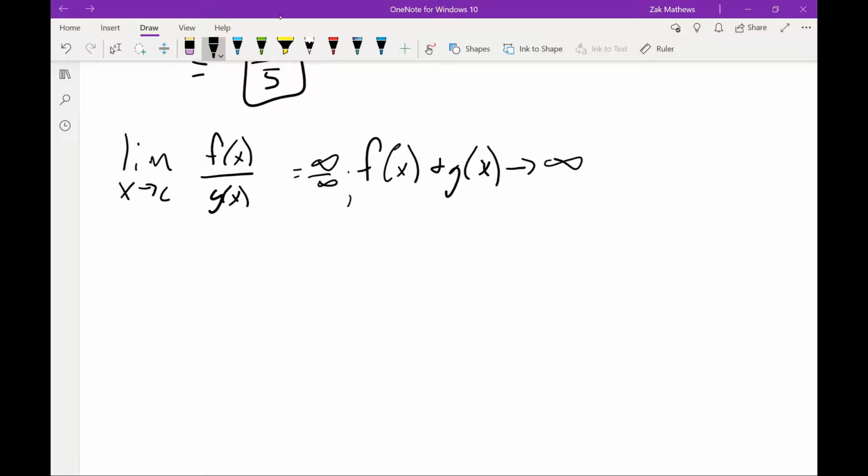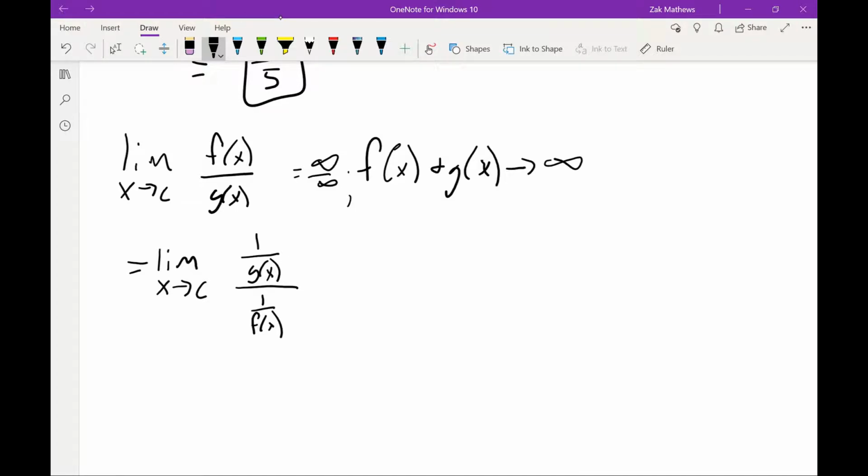But let's think about why I could solve this as well. Well, I can write fractions, not just in terms of division, but multiplication by the reciprocal. So I could write this as 1 over g of x over 1 over f of x, which, if we were to think about this as multiplying by the reciprocal, we'd have 1 over g of x times f of x, which gives us f of x over g of x.